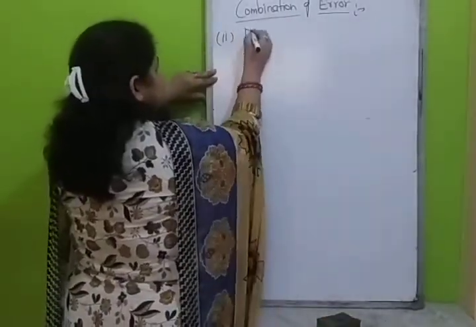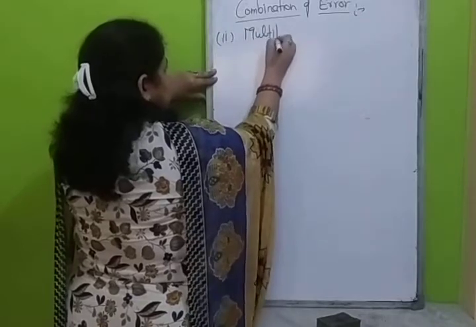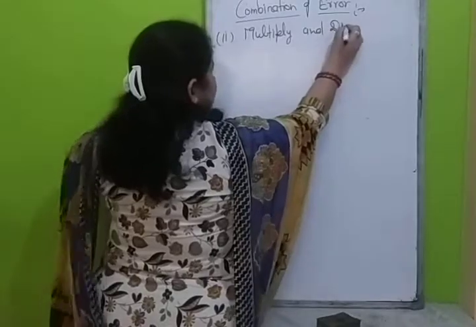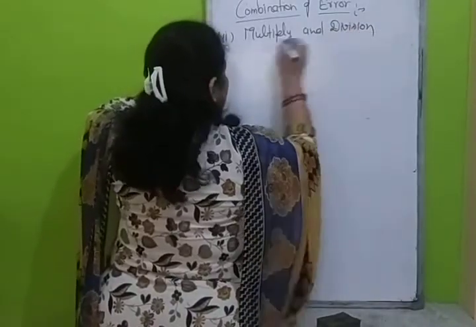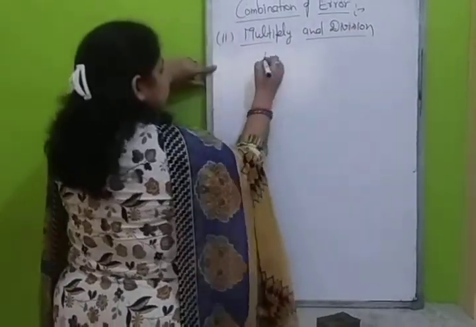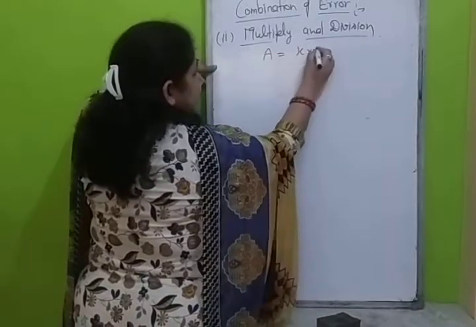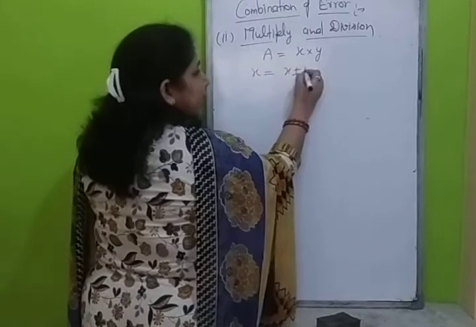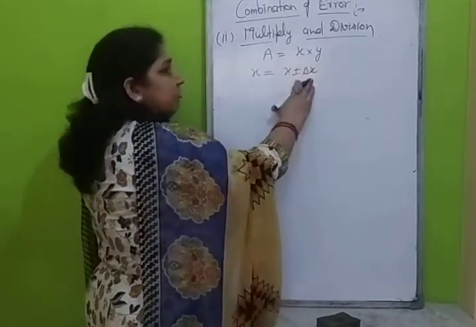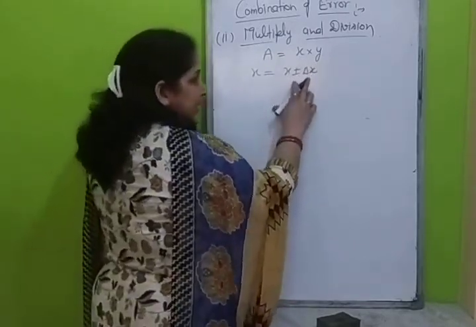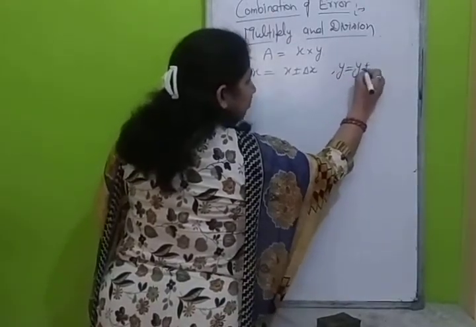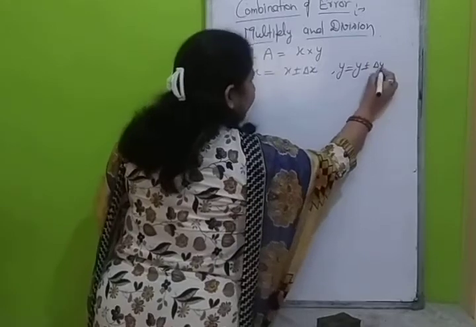Second, suppose we have A is equal to x into y, and x we have measured as x plus minus delta x, meaning with some plus or minus error, and y with some plus or minus error.